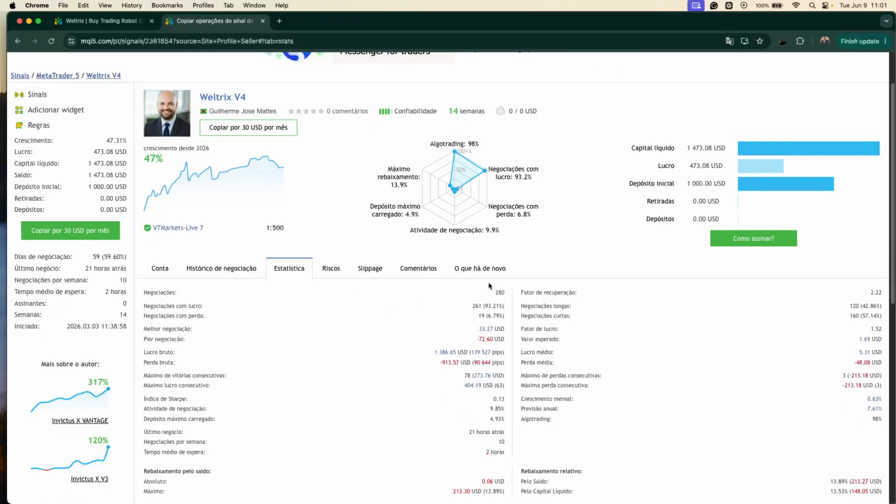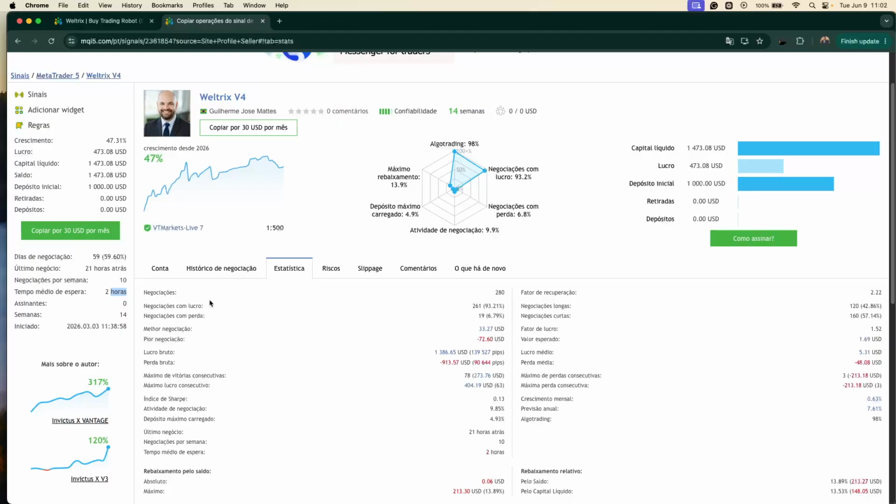This is in Spanish, actually Brazilian, and we also have a 93% win rate here, and the profit factor is 1.52. The max drawdown is around 13 to 14%, and average hold is short at 2 hours, just 2 hours, and it's focused on gold and the volatility in gold.